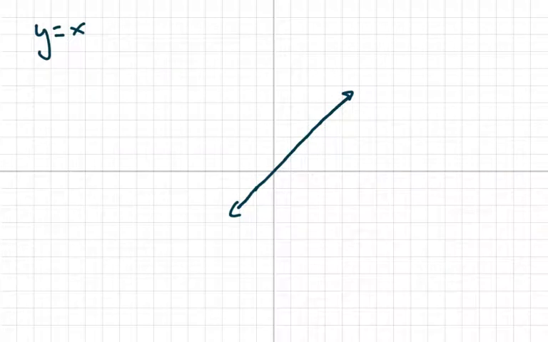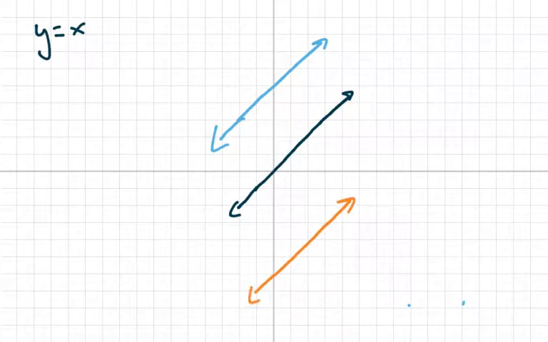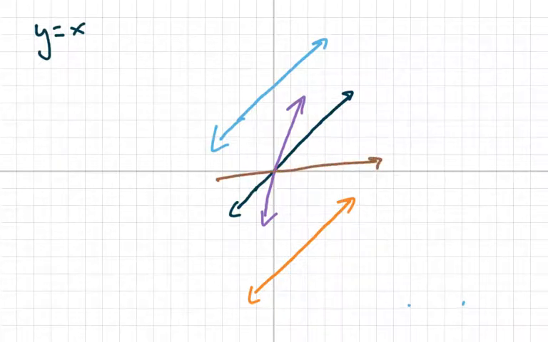We can take this line and move it around, right? This line doesn't have to exist here. It could also exist up here. We can shift it up, we can shift it down. We don't even have to keep the same slope. It can be steeper, or less steep.